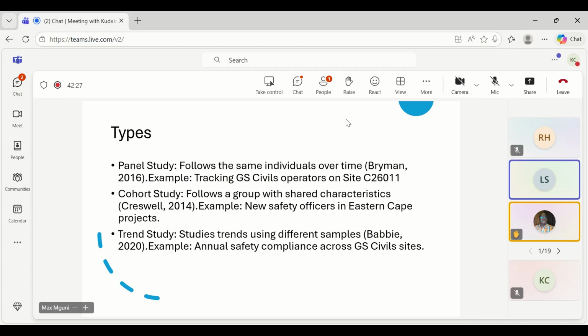When you moved to the next slide, you only spoke at large about panel studies and cohort studies. So I wanted to ask, is this trend study what you classified as retrospective studies, or is it two different topics altogether?